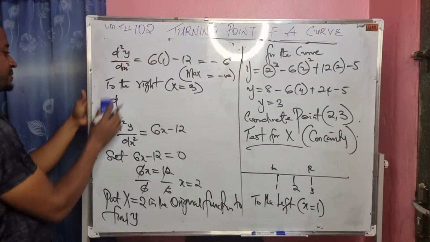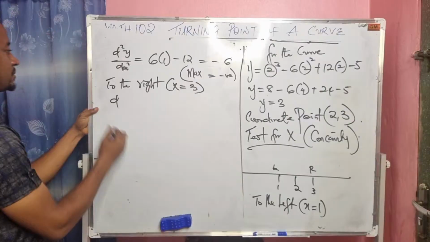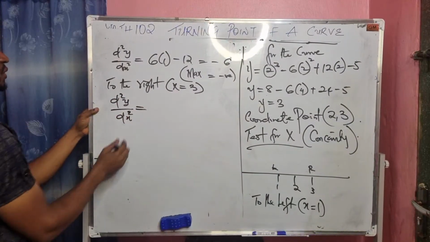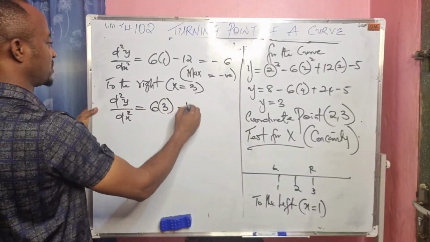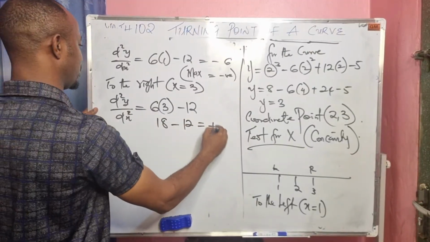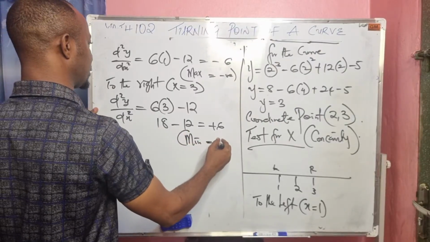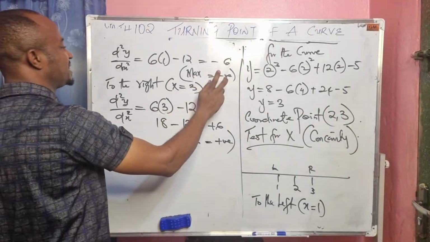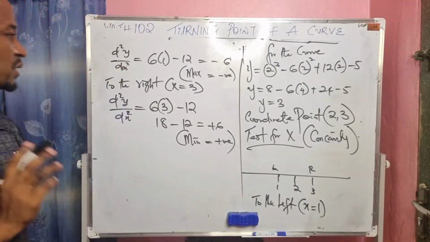So d2y/dx squared will be equal to 6 times 3 minus 12. Here we have 18 minus 12. The answer is plus 6. This simply means minimum, which is also the same as positive. Since the sign changes from negative to positive, it means that the point of inflection occurs at what point?